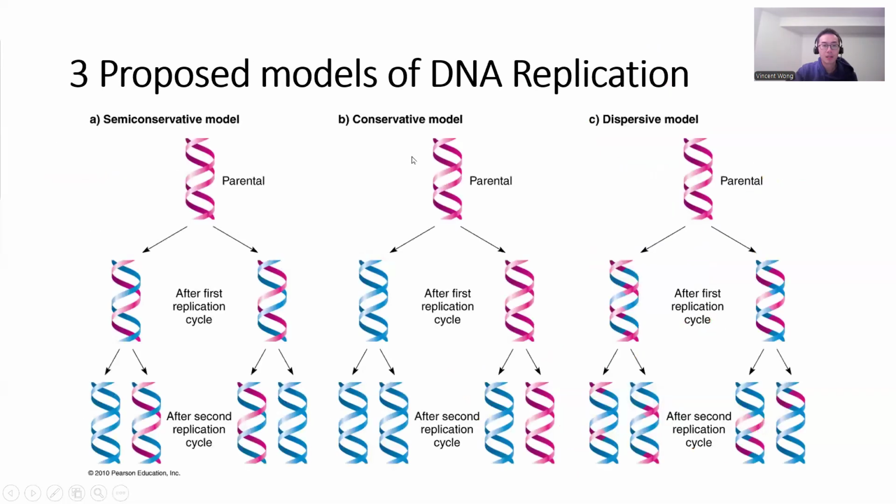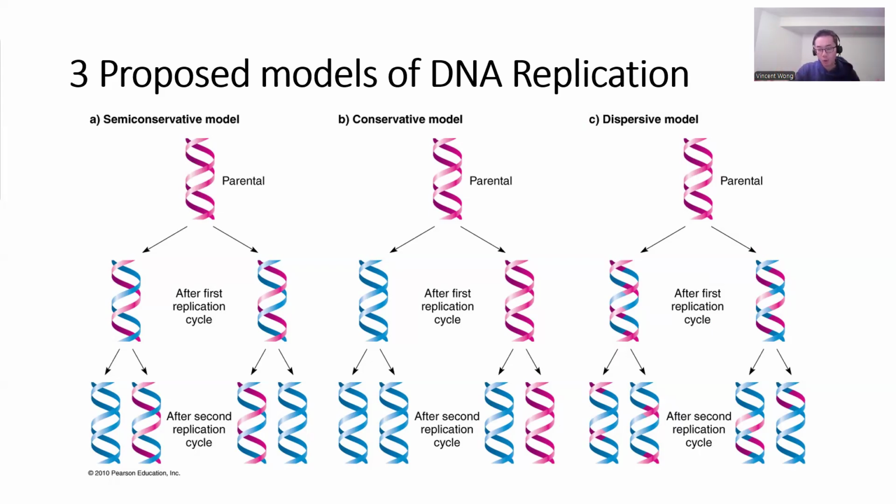All right. So there were three proposed models of DNA replication: the semi-conservative model, conservative, and dispersive. In the semi-conservative model, here is the parental DNA, the original DNA shown in pink. And what the semi-conservative model says is you will separate the two strands and then you will use each strand to build a missing half.